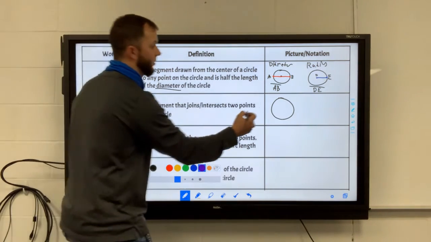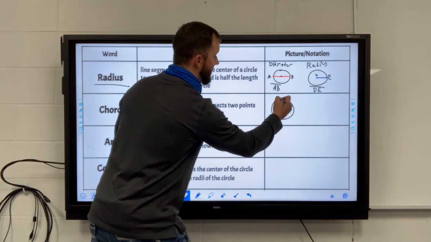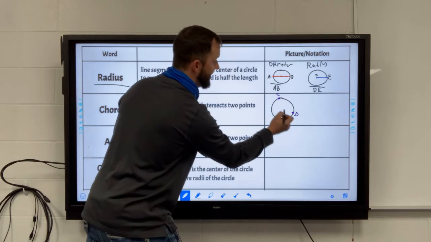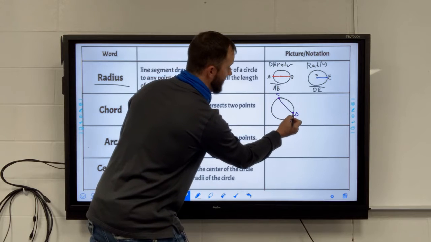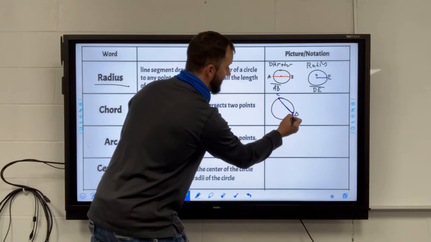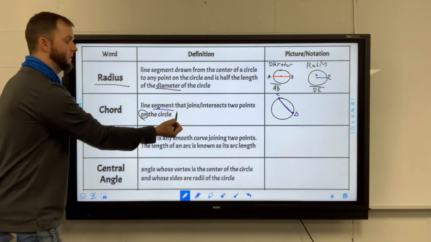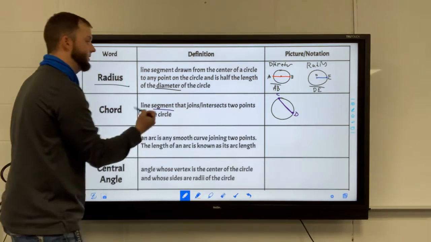I have this point right here, I'm going to call it point C. And if I have this point right here, I'm going to call it point D. And I had a line joining those two points. This right here is going to be a chord. So again, a line segment that joins two points on the circle.